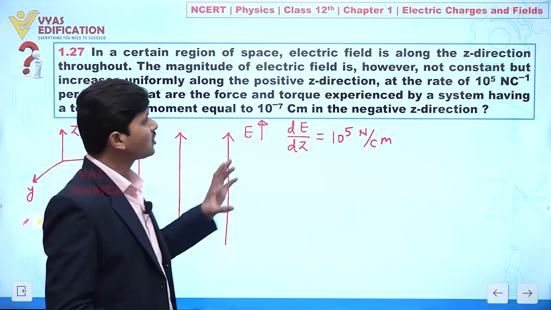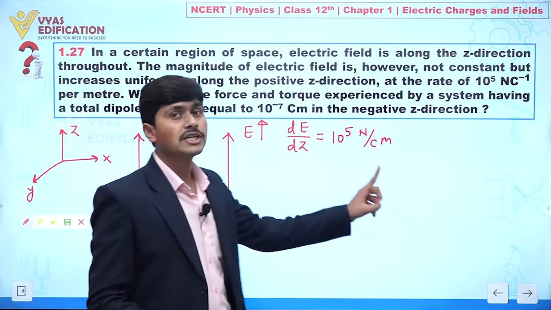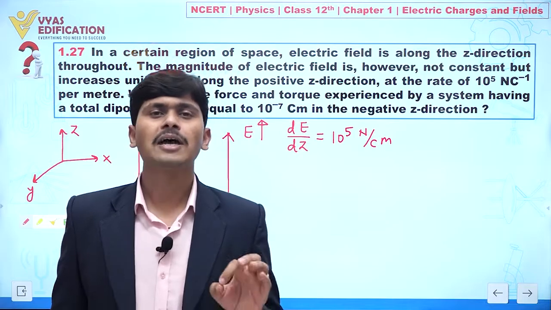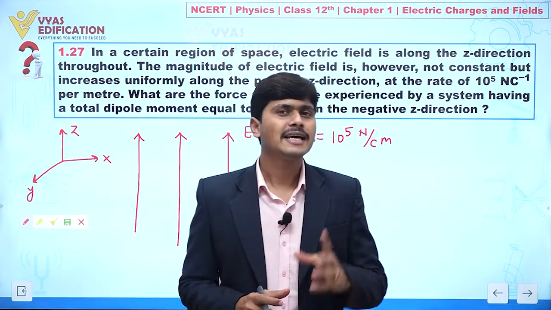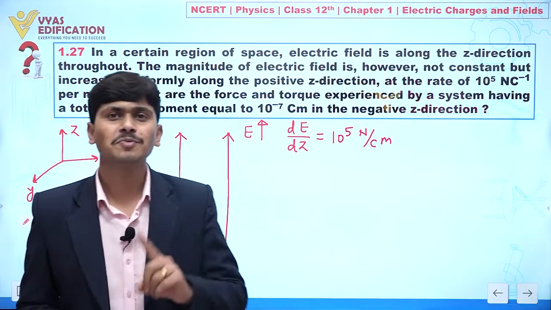What are the force and the torque experienced by a system having a total dipole moment in the negative z direction? The direction of an electric dipole moment is from minus q to plus q charge.